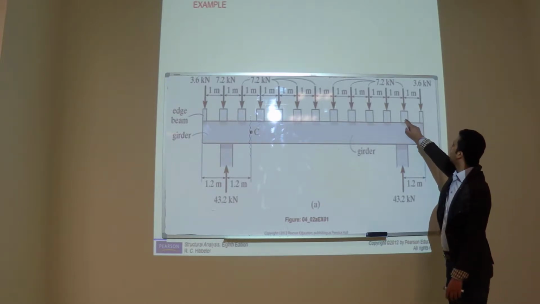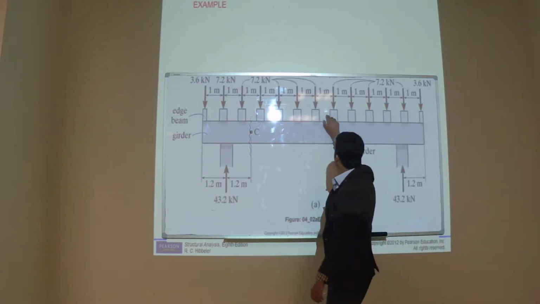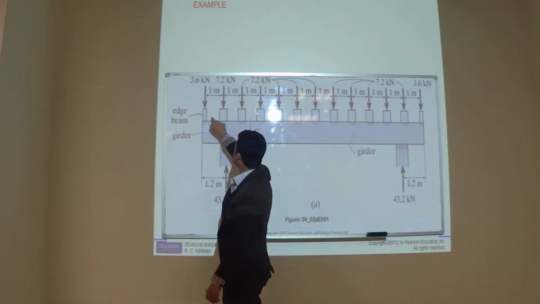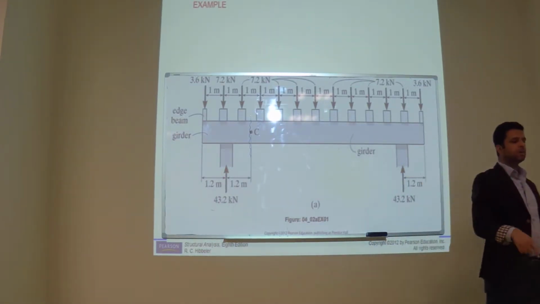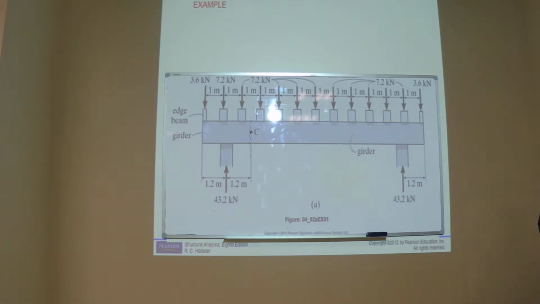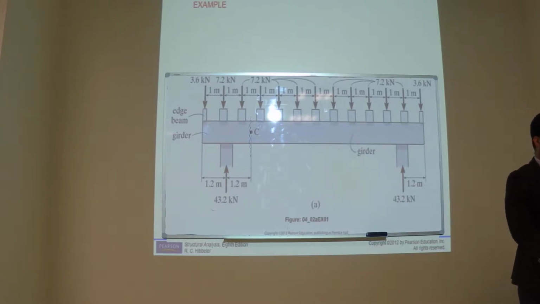So 7.2 multiplied by 1, 2, 3, 4, 5, 6, 7, 8, 9, 10, 11, 12. 7.2 multiplied by 12 divided by 2. What is the answer? It should be 43.2. Okay, so it should be 43.2 and it is 43.2.